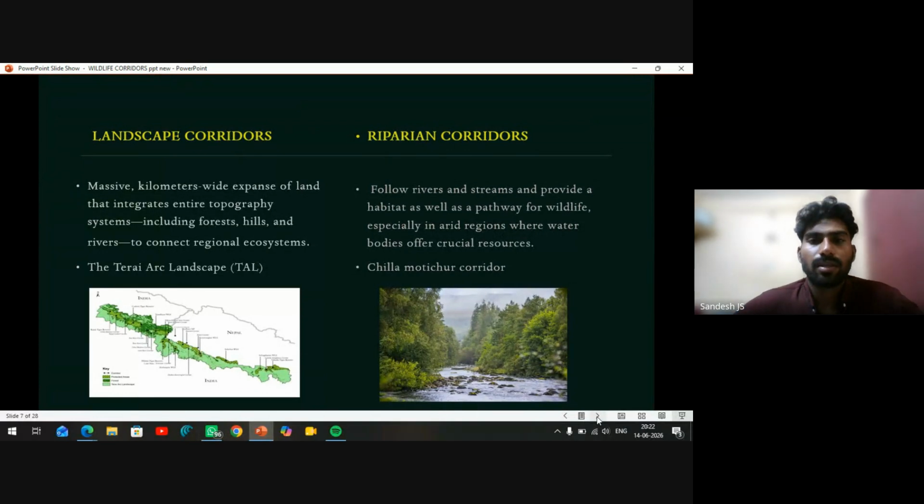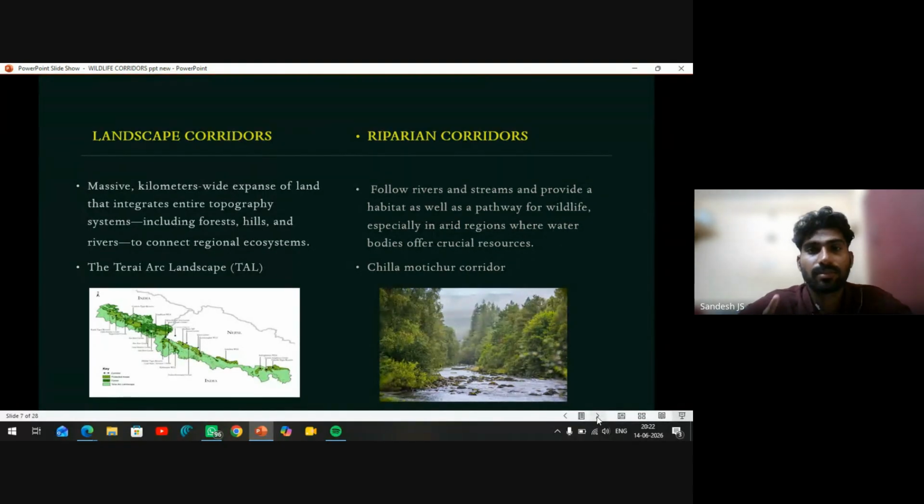And the last one is the riparian corridor. A riparian corridor is basically a river or a stream that provides a habitat and a pathway for wildlife. Other than these three, riparian is strictly a river or stream pathway, which is especially used by elephants in arid regions.